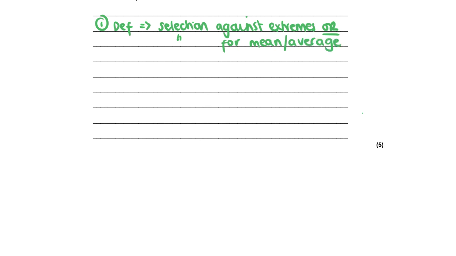And an example of this, or the key example for this, is birth weight in babies. Okay, so typically birth weights in babies show this bell-shaped curve. I'm going to put kilograms on the bottom and frequency on the side.